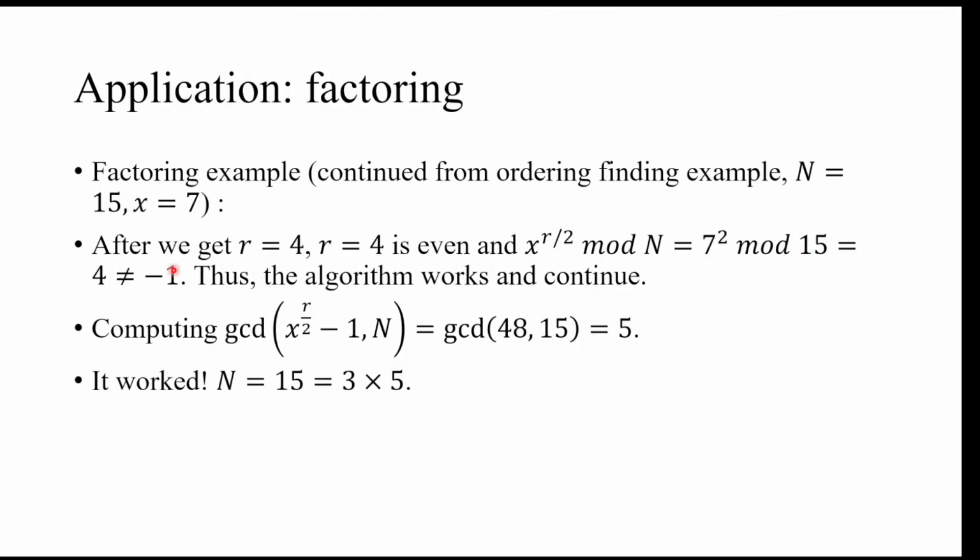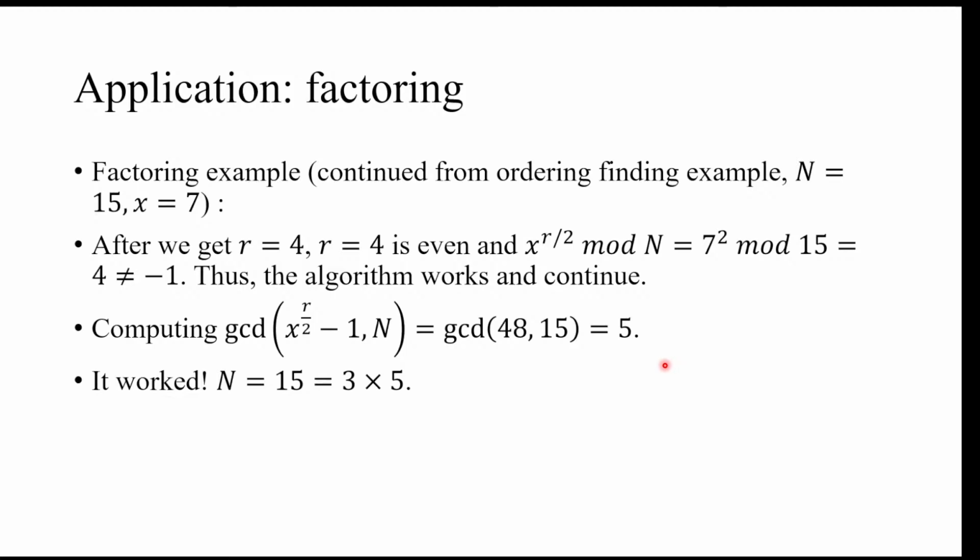And 4 doesn't equal -1 mod n, so we should be good. So what we do is we take this x to the r over 2, this 7 squared, minus 1, so it's actually 48 now. And we have the GCD of 48 and 15.